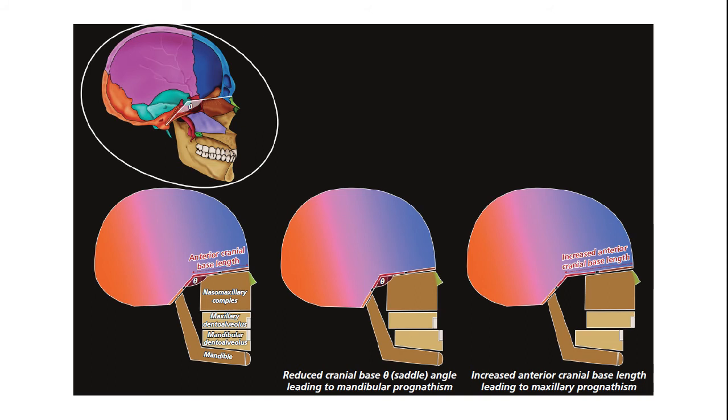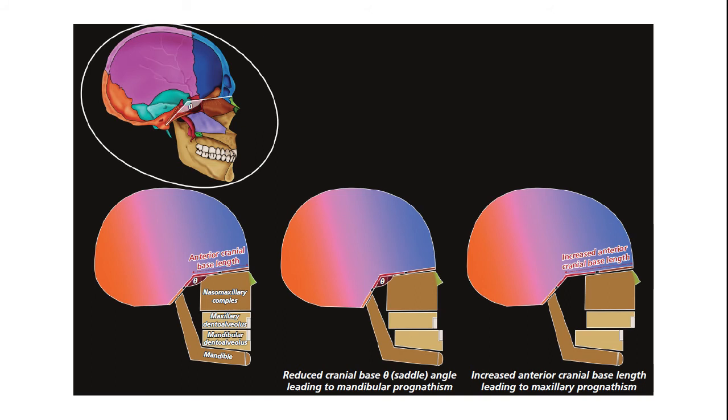The average adult values for the angle NSBa (nasion-sella-basion) are, in males, 109 degrees plus or minus 5 degrees, and in females, 132 degrees plus or minus 4 degrees.